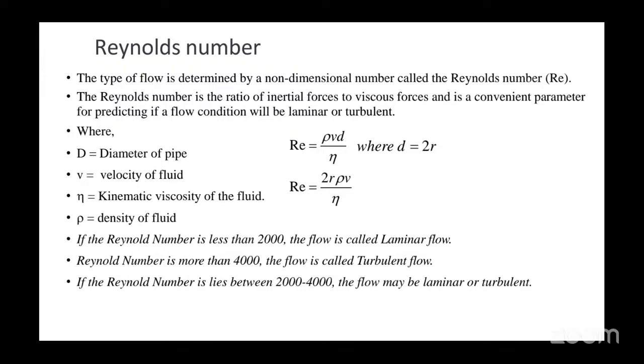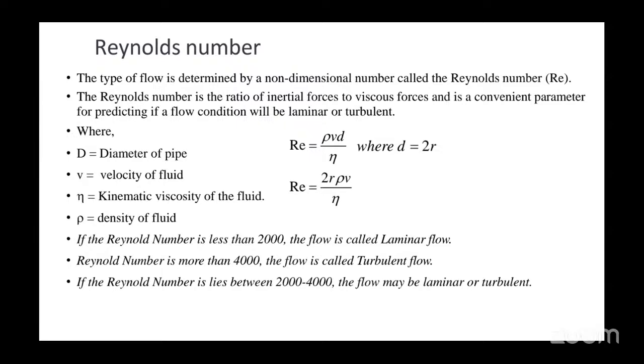The formula is given there: Re is equal to rho V d over mu, where rho is density, V is the velocity of the fluid, d is the diameter of the pipe through which the fluid is flowing, and mu is the viscosity.